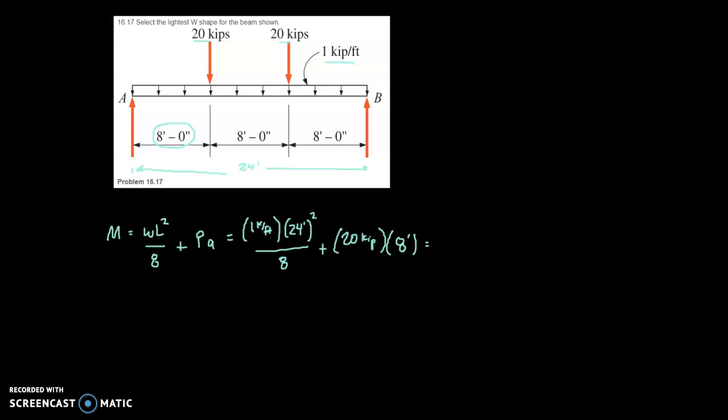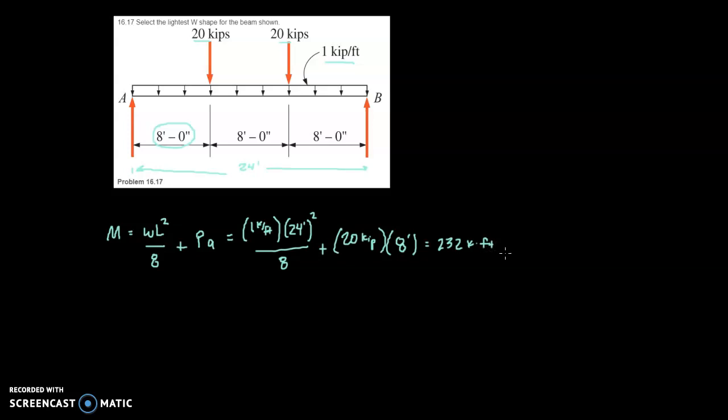So let's calculate that and see what that equals. All right, so I punched that into my calculator and I'm getting 232 kip feet as the maximum moment applied to the beam.